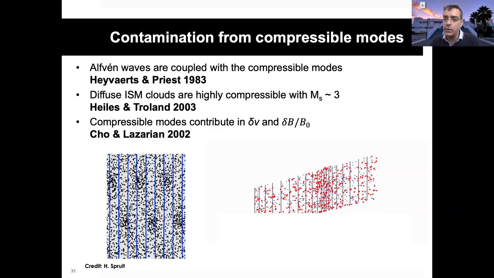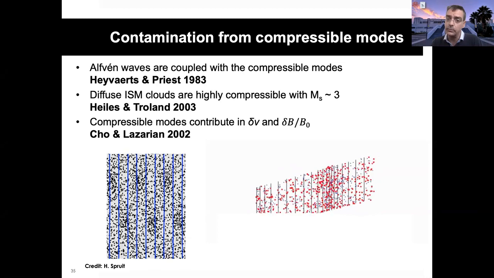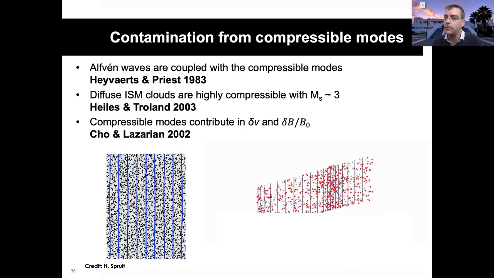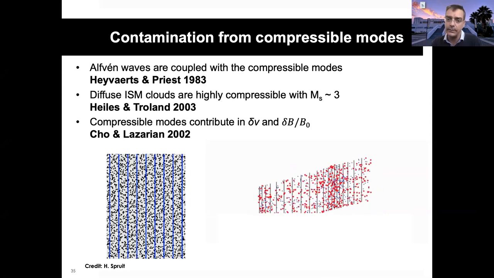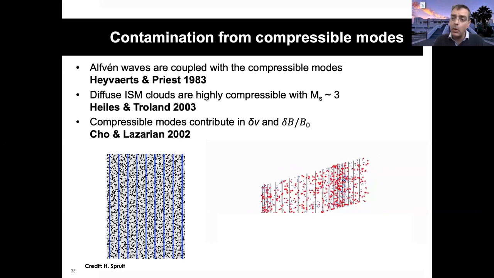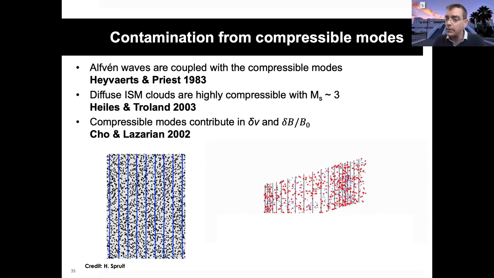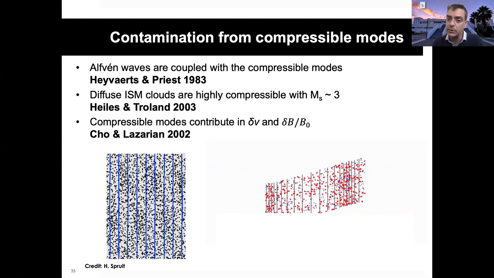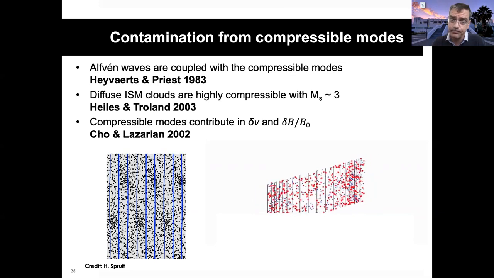Actually, observations show that the diffuse interstellar clouds are supersonic and highly compressible, which means that there is significant power in the compressible modes, which are completely neglected by the DCF method. So the compressible modes contribute both to the gas velocities as well as the fluctuating to mean ordered magnetic field ratio. So omitting them actually is not such a good approximation.